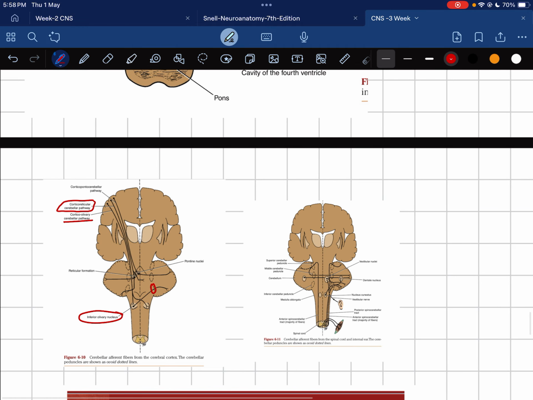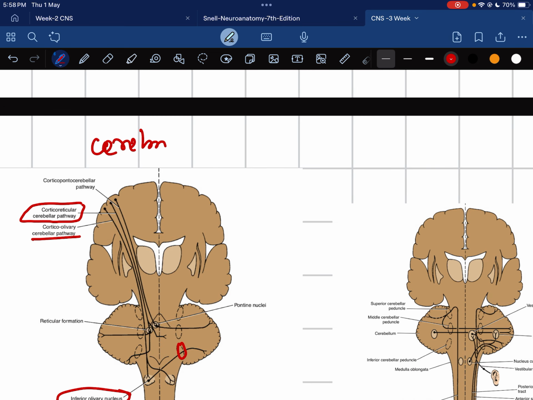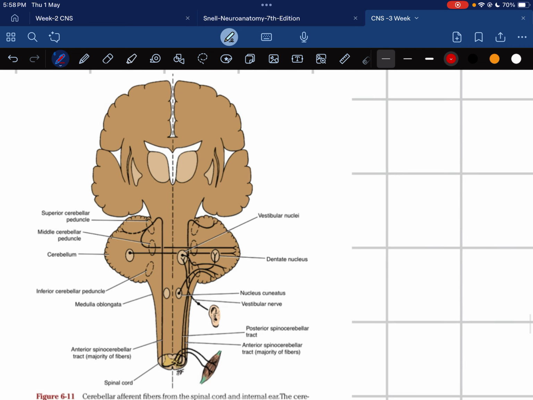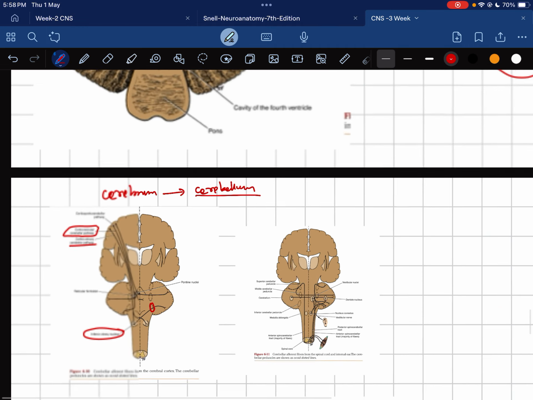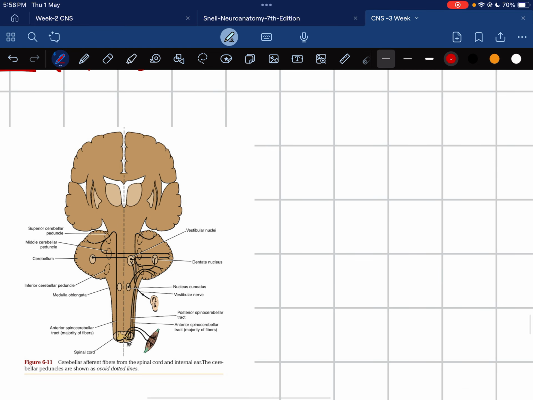These are the cerebrum to cerebellum connections, and these are afferent to the cerebellum. Now we look at the spinal cord to cerebellum.